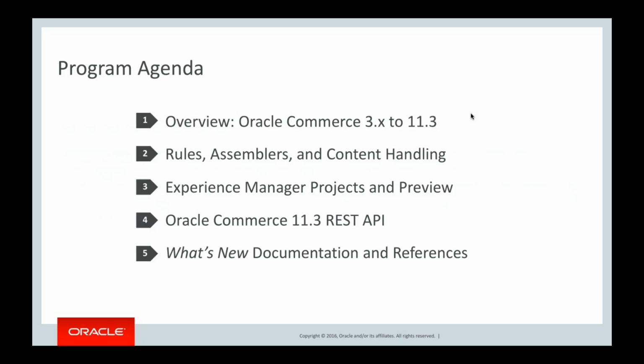So today, from an agenda standpoint, in order to really have a conversation of where we've been, we have to have a starting point in terms of where we're coming from. We'll talk about rules, assembler, content handling. One of the cool features I like in 3.11.2 and 11.3 is the ability to create projects.